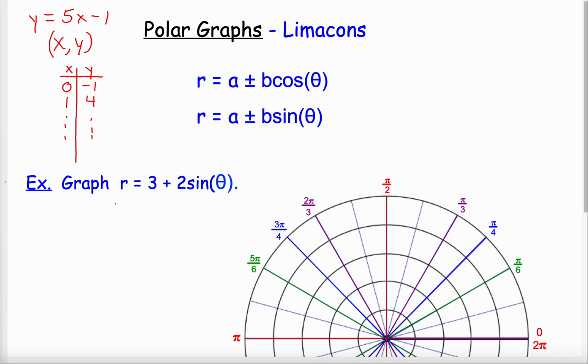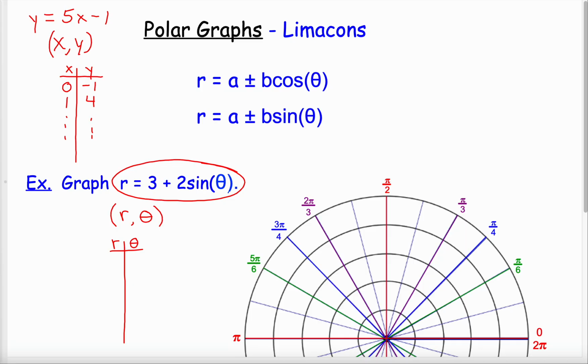In polar, our ordered pairs are r comma theta. So we're still going to make a t-table, and we're going to label it r and theta instead of x and y. But instead of picking a value for r, plugging into the equation and solving for theta, most of our polar equations are going to be r equals.